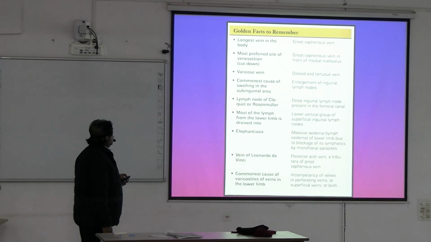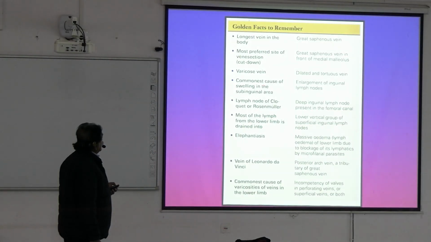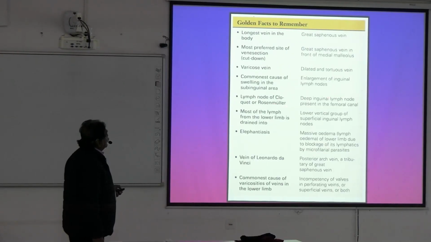Now, varicose veins: dilated and tortuous veins. Commonest cause of swelling in the sub-inguinal area is enlargement of inguinal lymph nodes. Lymph nodes of Cloquet or Rosenmuller, deep inguinal lymph nodes, are present in the femoral canal. Most of the lymph from the lower limb drains into the lower vertical group of superficial inguinal lymph nodes.